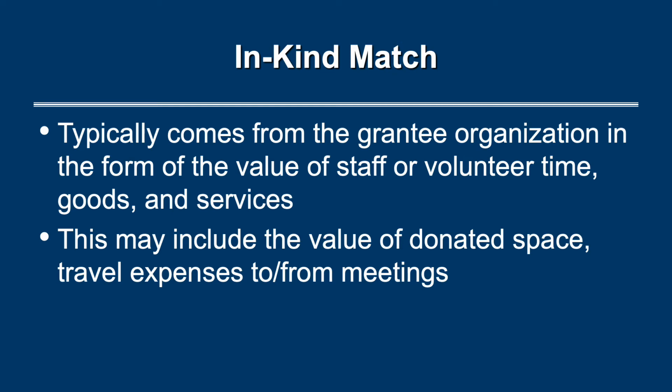An in-kind match may include such things as the value of donated space that you use for your project or travel costs to and from meetings. You may have to estimate the cost of in-kind items. For example, if you are using volunteers, you estimate the average amount of money that would be paid for someone doing that job.